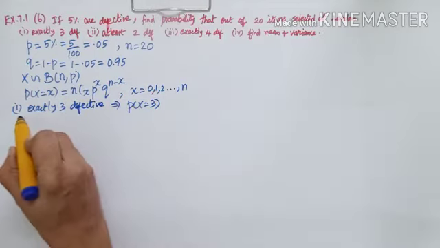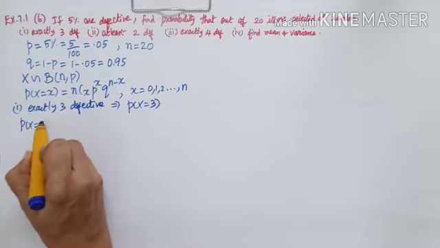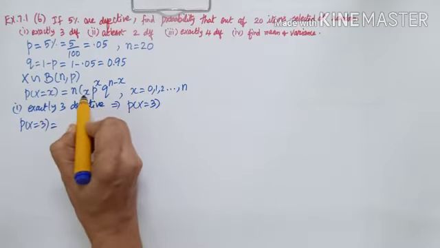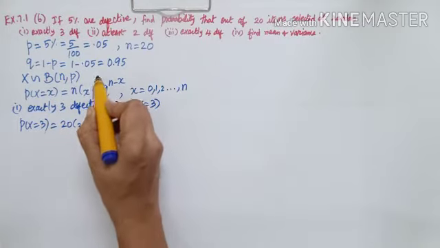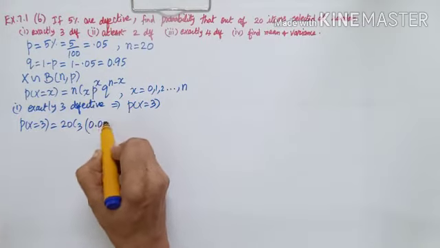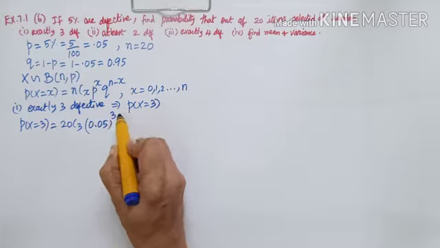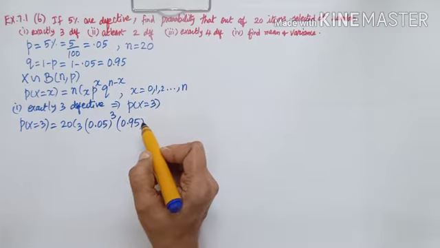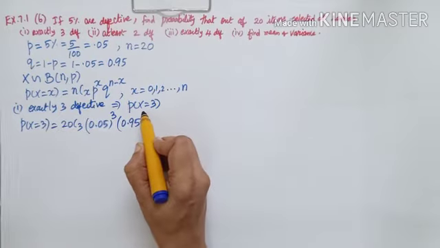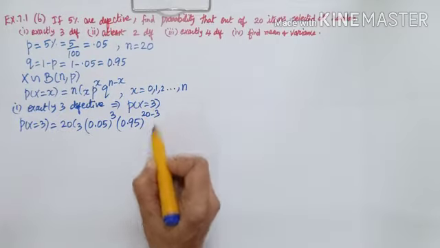So substitute in the formula. P of X is equal to 3 is 20C3, P power x, 0.05 power 3, Q power N minus x, 0.95 power 20 minus 3, that is 17.